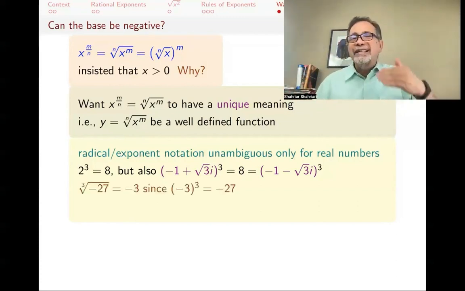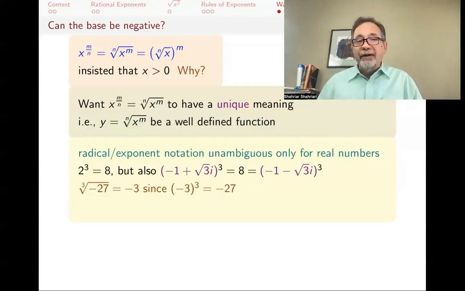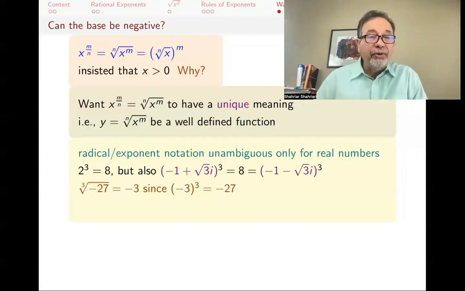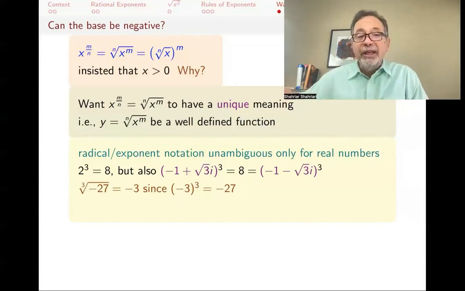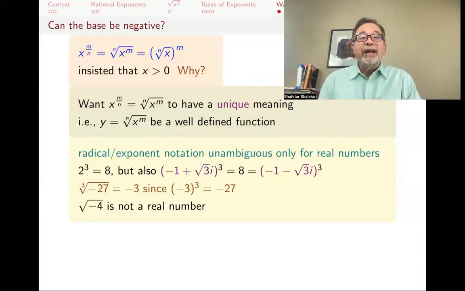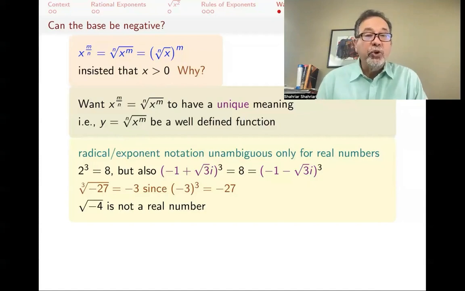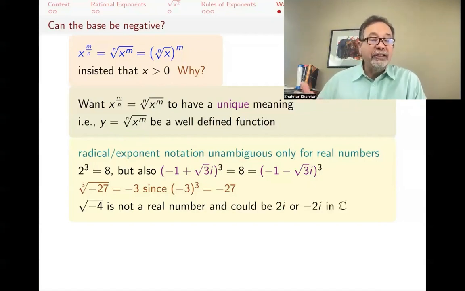Now, we can do the same thing with some negative bases. For example, we could say cube root of minus 27 is minus 3, because that's the only real number that when cubed gives you minus 27. There are complex numbers, but as I said, we're eliminating those. But for example, square root of minus 4 is just not real, there's no real number that satisfies that. In the complex numbers, it could be 2i or minus 2i.